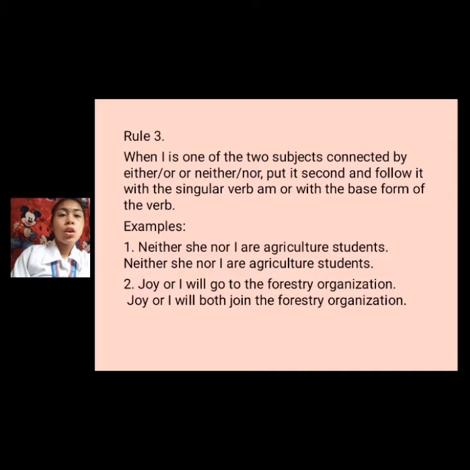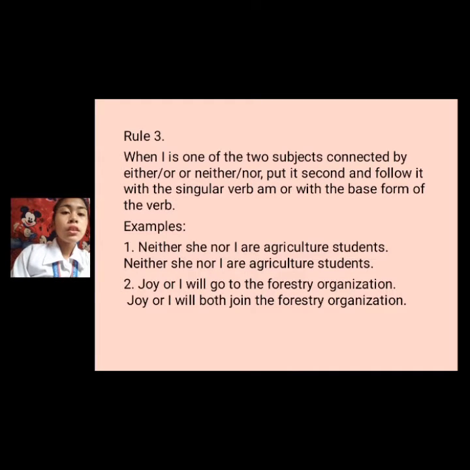Rule number 3. When I is one of the two subjects connected by either/or or neither/nor, put it second and follow it with the singular verb or with the base form of the verb.